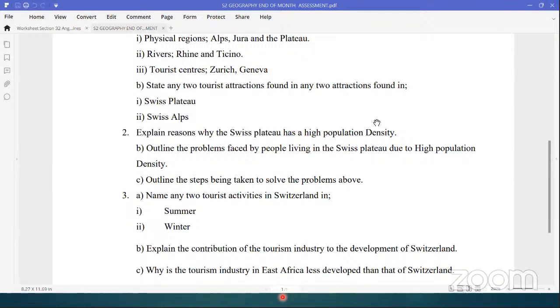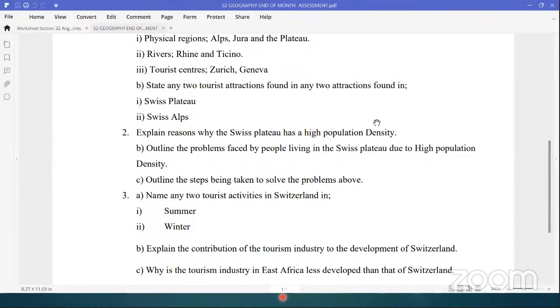When you compare to the total land area covered by the Swiss Plateau and Arabs, and you find that many people are staying in the Swiss Plateau, then you can comfortably say that they have a problem of land shortage.